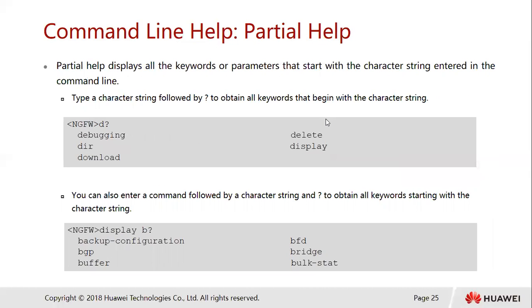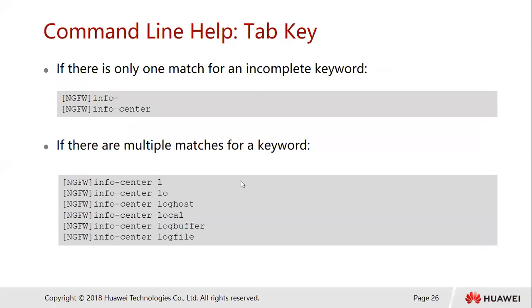Okay, so that is full help, and then we have partial help, where maybe you have just remembered the first letter of the command, so D, and then question mark, and then you'll be able to list the commands. So this is what we call partial help.